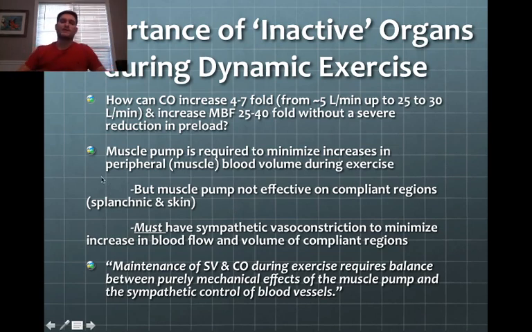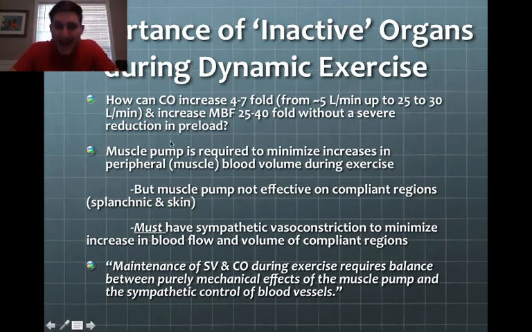So if we deliver more cardiac output overall and more blood flow does wind up in some of those compliant regions, the skeletal muscle pump is not going to serve any purpose there to help deliver some of that venous blood back to the right atrium and increase preload. So the muscle pump is really only effective when we have most of the cardiac output going away from the compliant regions and going towards the skeletal muscle or non-compliant regions.